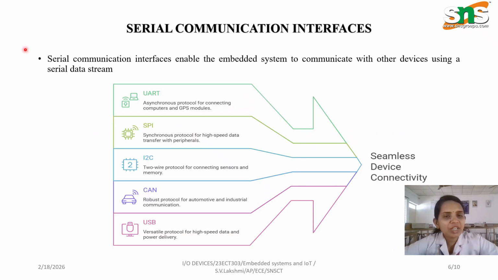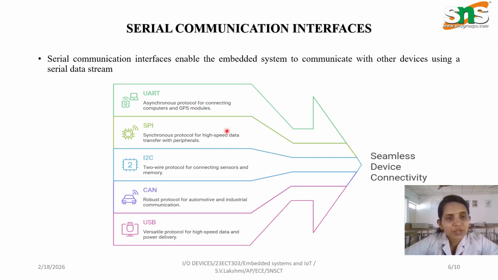When we talk about these IO devices, we have to discuss the serial communication interfaces which are used. We have different types of communication protocols here: UART, SPI, I2C, CAN protocol, and USB. UART is a data communication protocol for serial data transfer. It is an asynchronous protocol, and mainly connects computers and GPS modules.